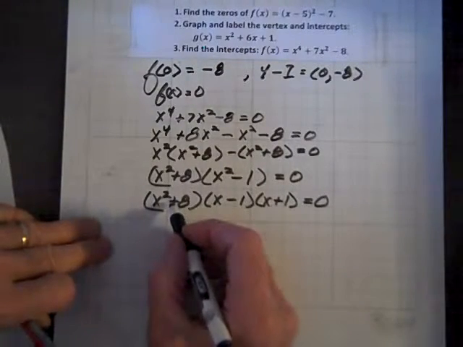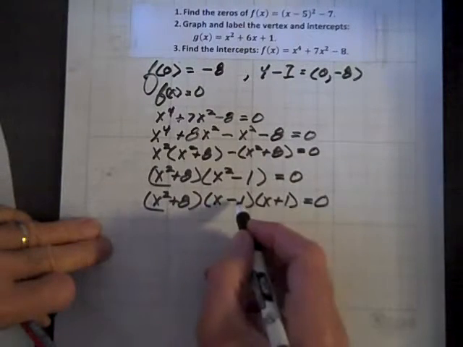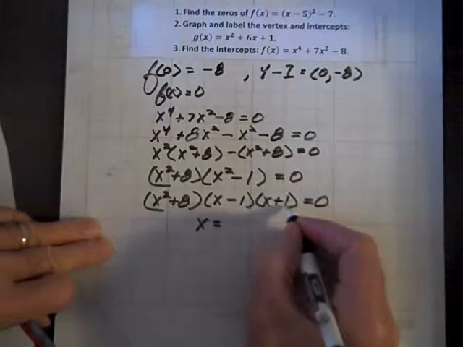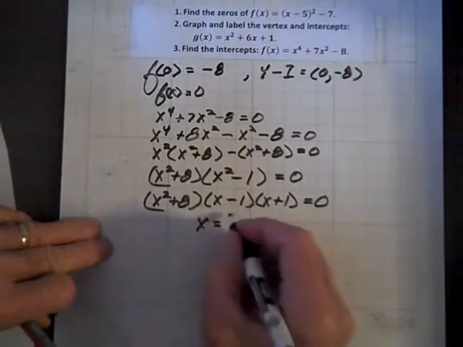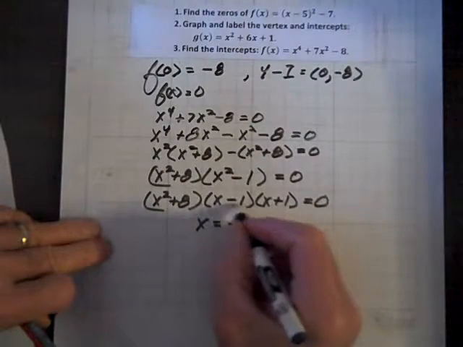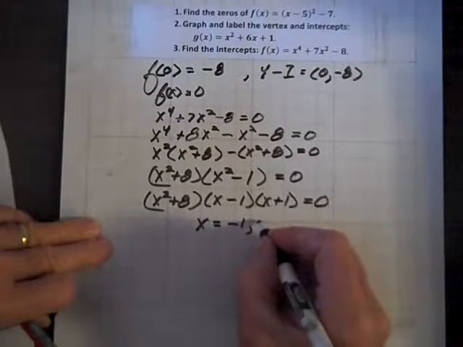Well, nothing. There's no real number that'll take this factor to 0, but if x is negative 1, that factor will become 0, and the product will become 0. If x is 1, this factor will become 0, and the product will be 0.